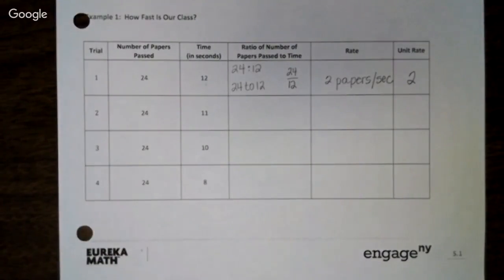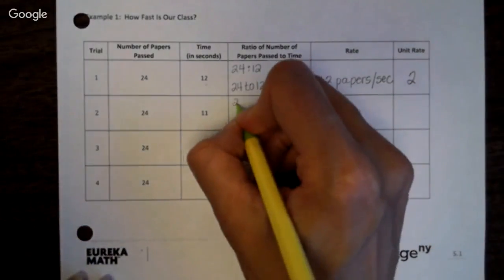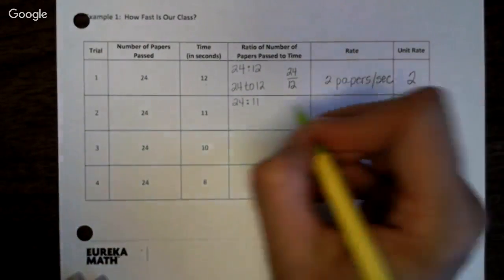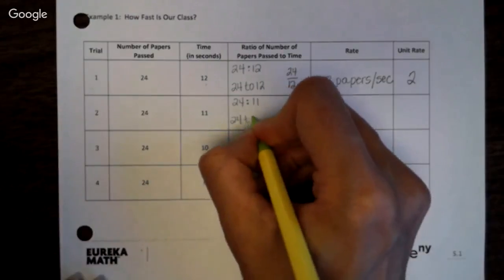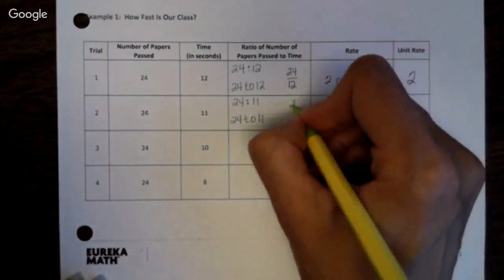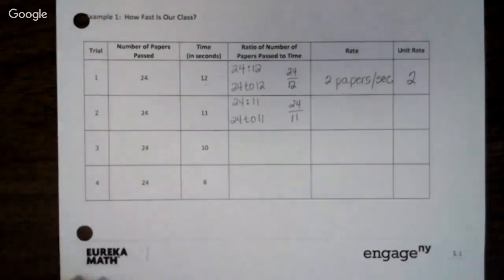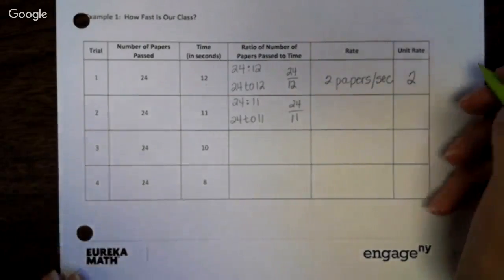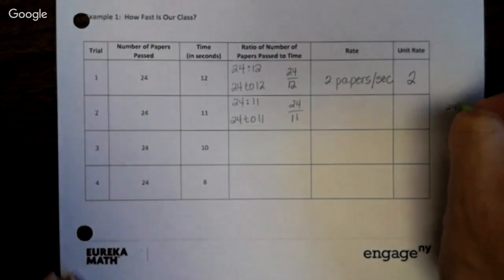All right, so let's do this again with trial 2. This time they passed out papers, and they had 24 papers in 11 seconds. You can also write that using words or fractions. Okay, when I divide this, now I don't have a calculator, so I'm going to do this by hand. 24 divided by 11 goes in twice.